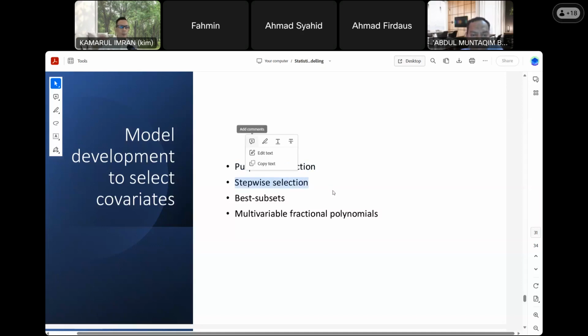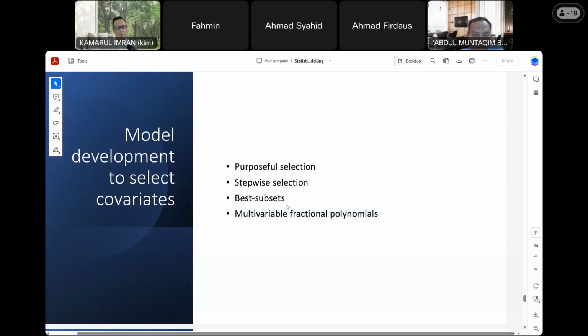So forward, backward or stepwise selection. Masih juga ada. Okay, walaupun hopefully kita boleh kata tak buat lah, tak apa stepwise. After this, okay, you can forget about stepwise. And best subset model and multivariable fractional polynomials punya method.